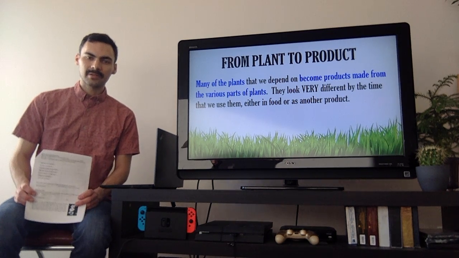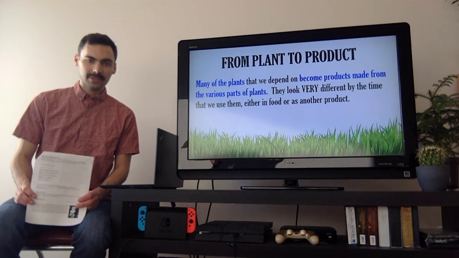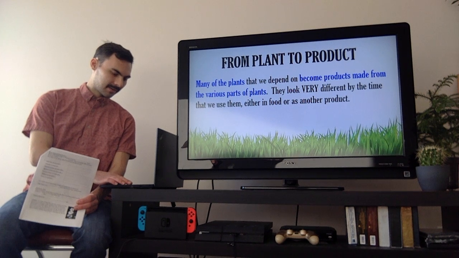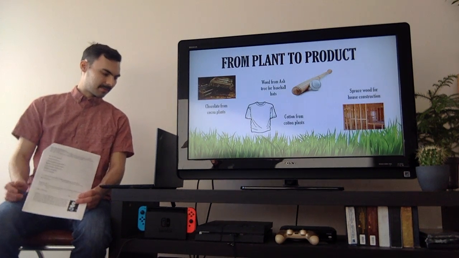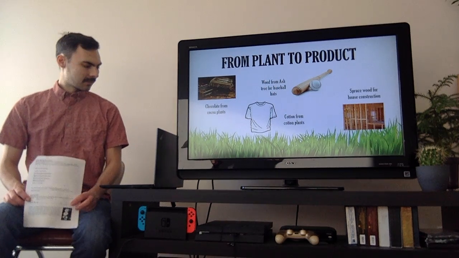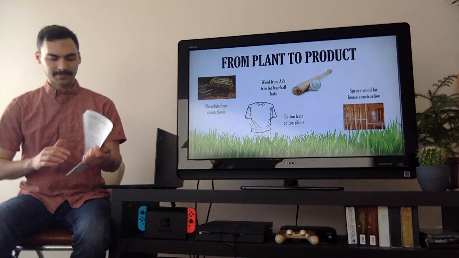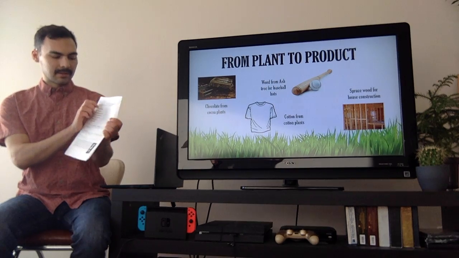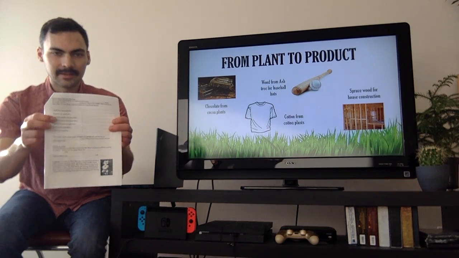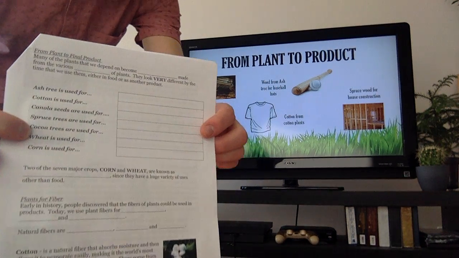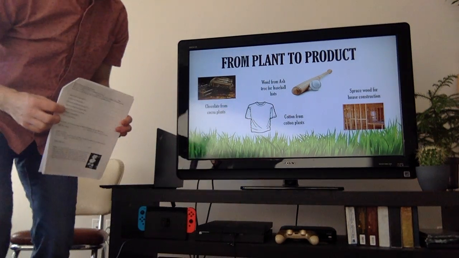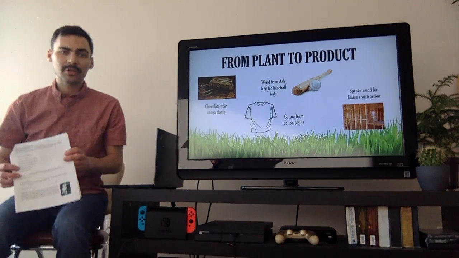They look very different by the time that we use them than when they did before. Some examples that you might not have thought about. Chocolate comes from our cocoa plant. You'll notice that there is a blank down here on this one that reads, cocoa trees are used for. I want you to go ahead and write down that they're used to make chocolate.